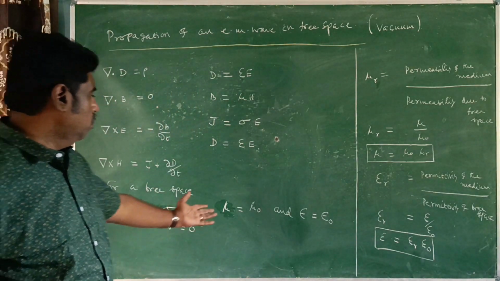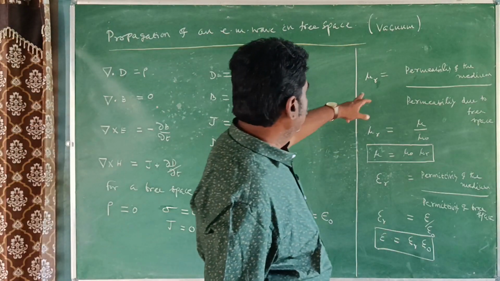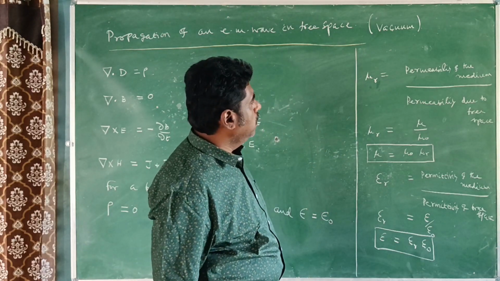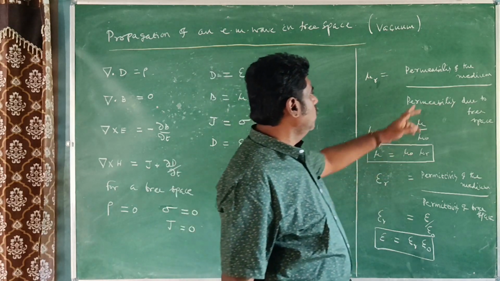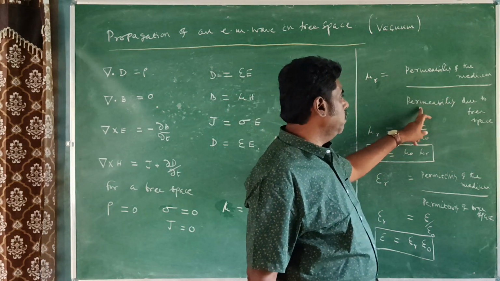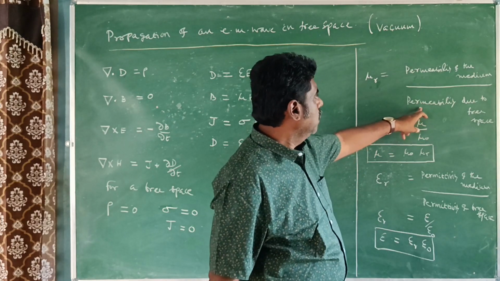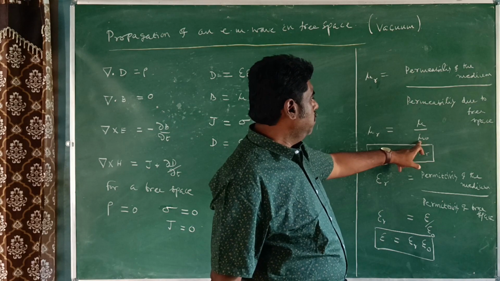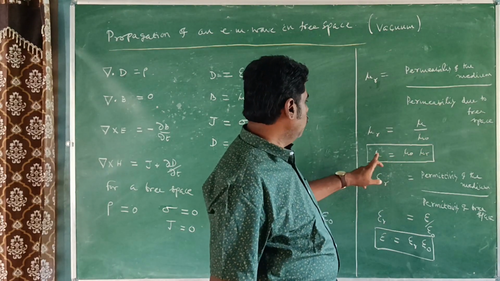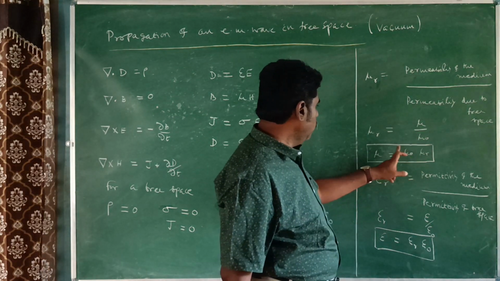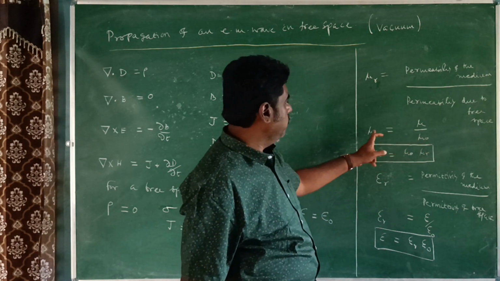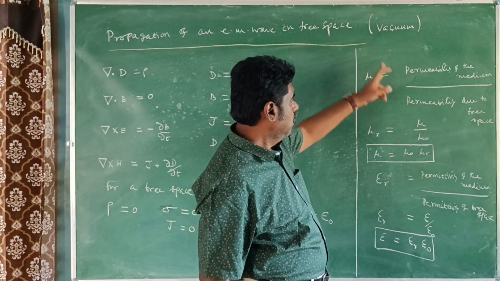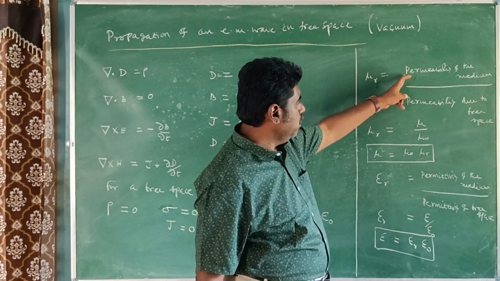To understand more about these two things, think about relative permeability. Relative permeability, mu r, is equal to permeability of the medium divided by permeability of free space. Permeability of the medium is mu. Permeability of free space is mu naught. Therefore, mu is equal to mu naught into mu r. Suppose the medium itself is free space. Mu is replaced by mu naught.